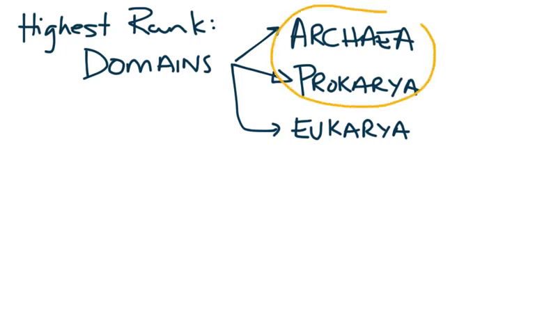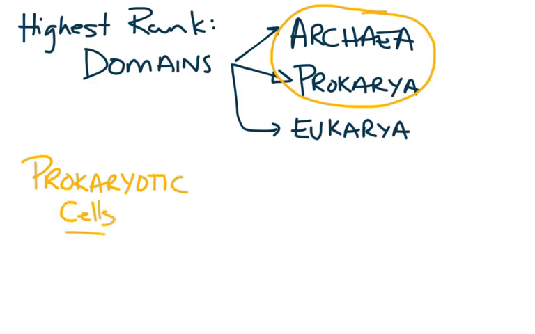These 2 are more similar to each other than eukarya is. Okay? The circled are what are called prokaryotic cells. Okay? And the green is eukaryotic cells.